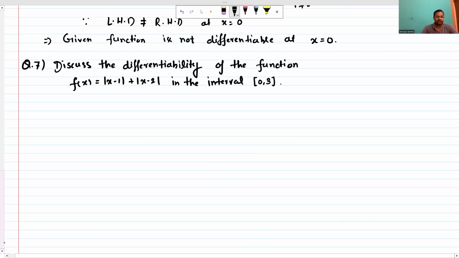Okay, so discuss the differentiability of the function f(x) equals mod of x minus 1 plus mod of x minus 2 in the interval 0 comma 3.